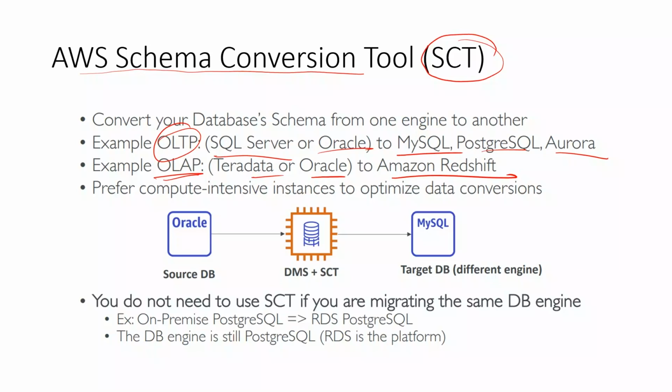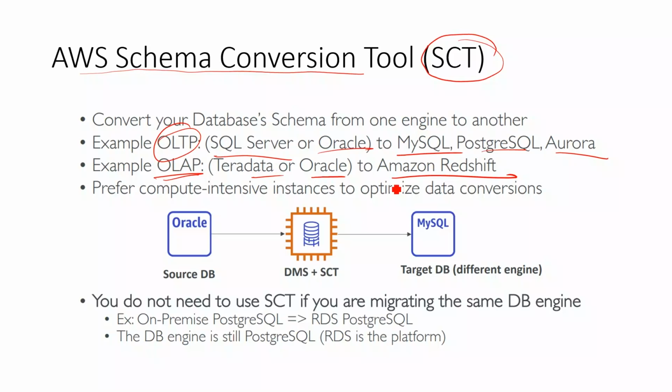We need to convert from one schema type to another schema type, and we have to use the Schema Conversion Tool for that. This is a very important question in the exam also, because they ask what tool we use with the Database Migration Service to convert from one schema type to another, or from one source type to another, and your answer should be the Schema Conversion Tool.